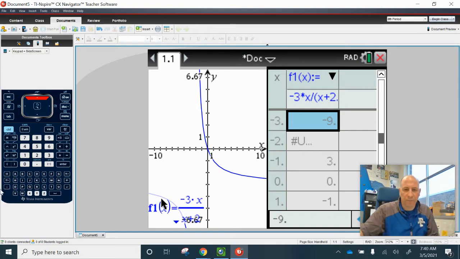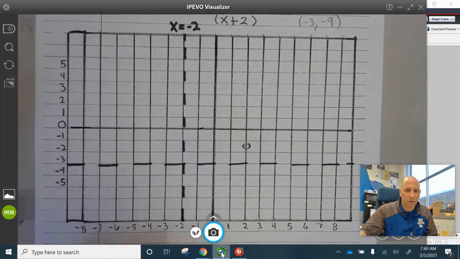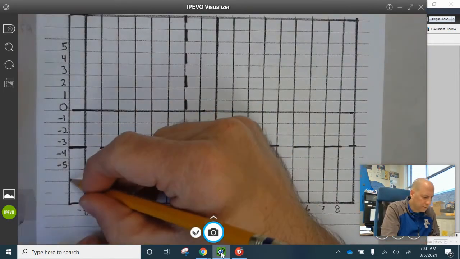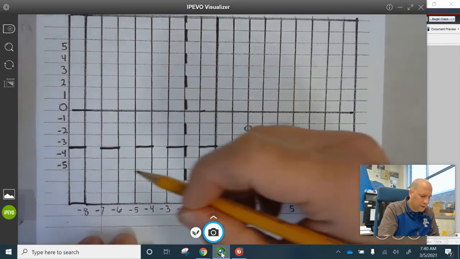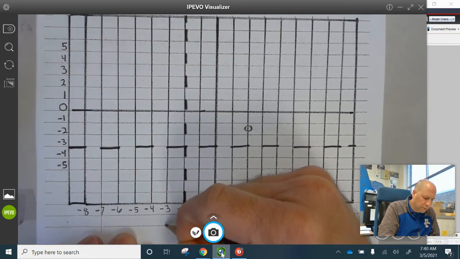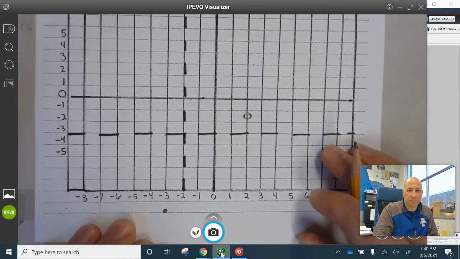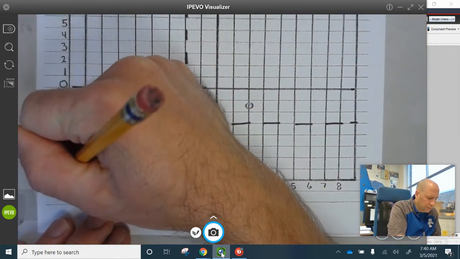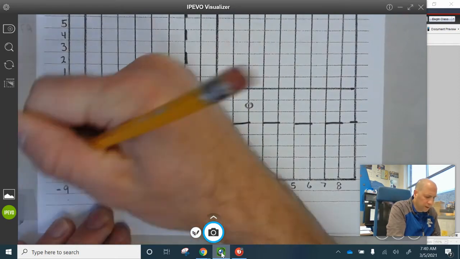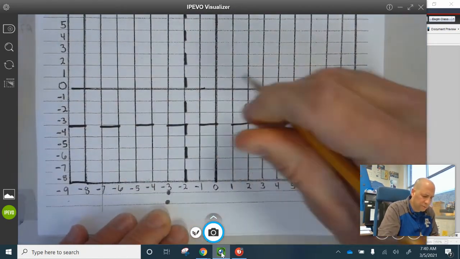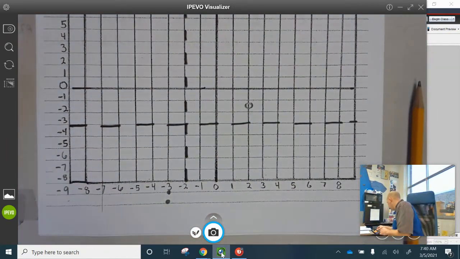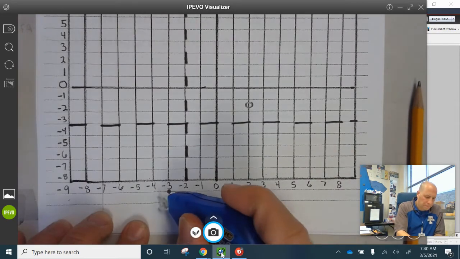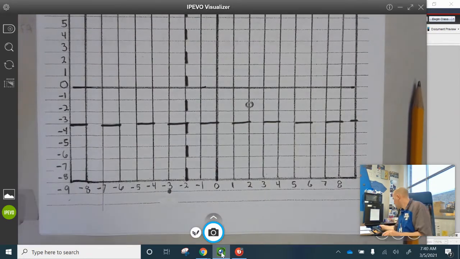Okay, so let's graph that point. Okay, so -3, -6, 7, 8, 9. So we know our point is somewhere here, okay? Because this would be -6, -7, -8, oh, -9. Actually, so I was off. Okay.